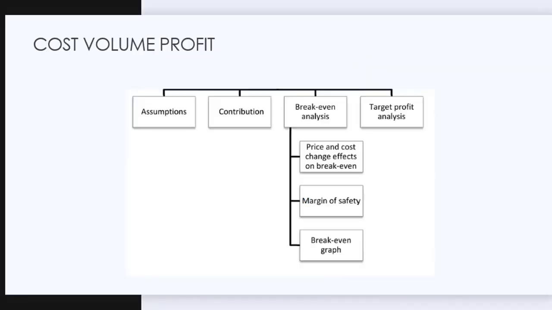CVP. So cost volume profit, no? It's an analysis technique that we use. So remember when we were talking about fixed cost, that fixed cost can pose as a risk. They are sufficient.